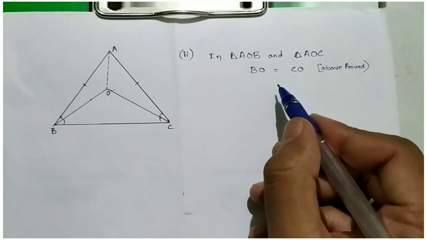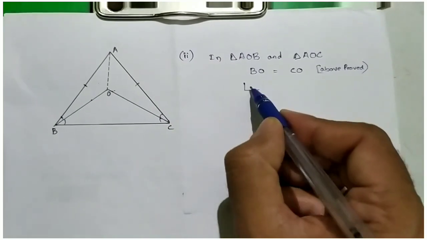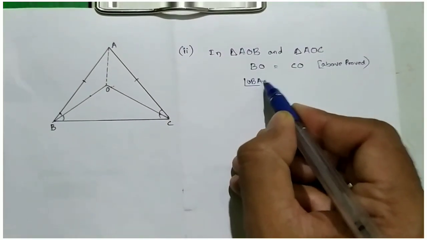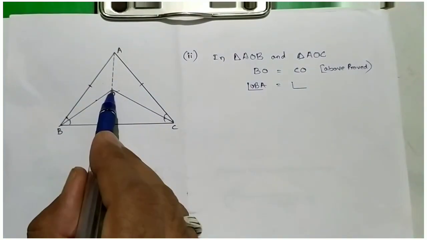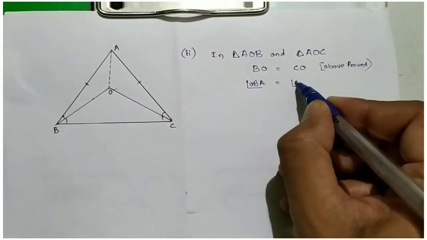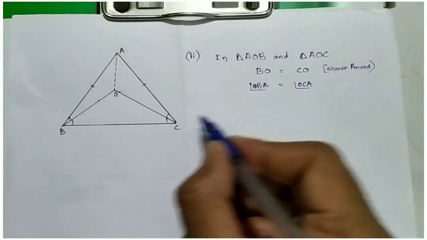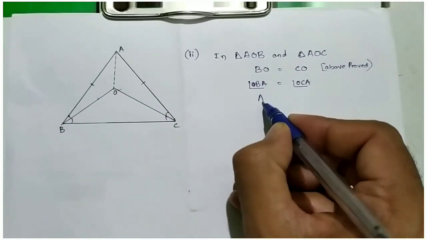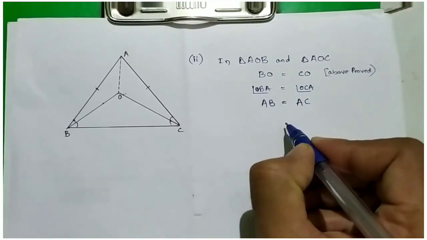Okay, next, half of angle B, that is OBA, equal to half of angle C, that is OCA. And AB equal to AC.